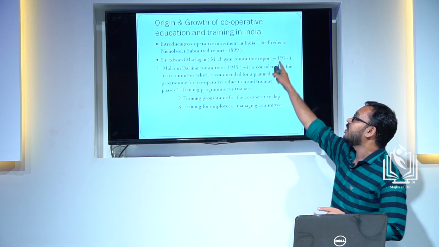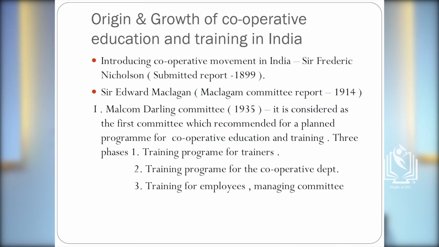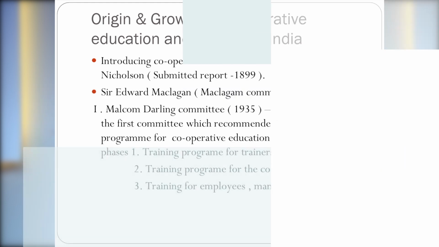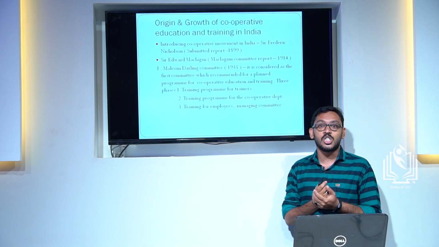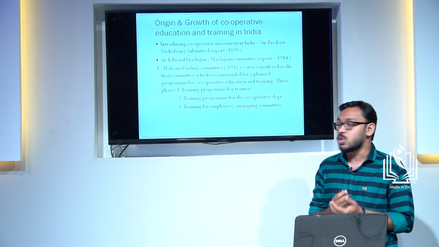After that, in the year 1914, Sir Edward Maclagan appointed a committee known as the Maclagan Committee, and it submitted its report in 1914. This was also based on the entire cooperative movement of India, with no specialization for training and education.